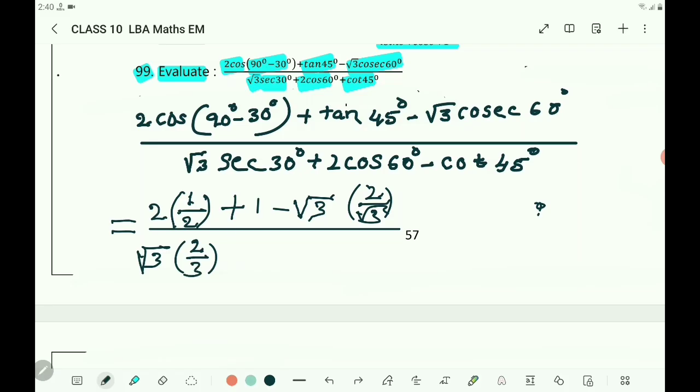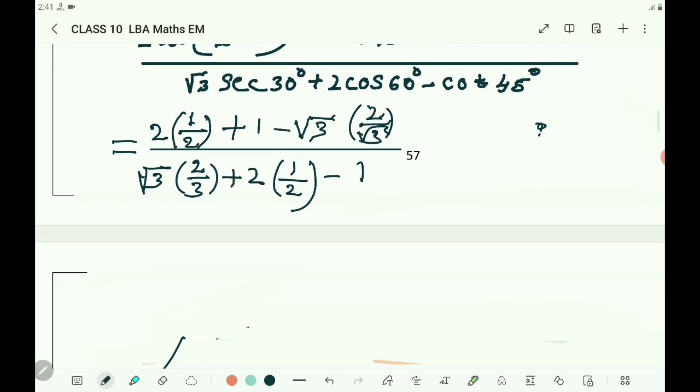Plus 1, minus, plus 2 cos 60 degree is there. 2 cos 60 degree is 1 by 2, minus cot 45 is 1, equals.